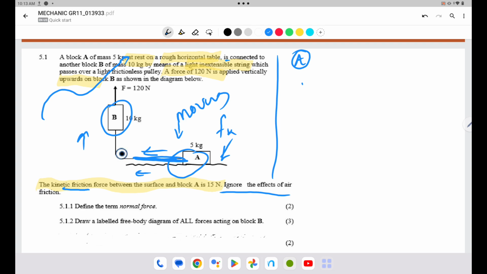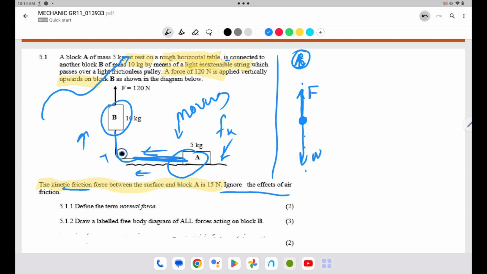So I'm going to start with the free body diagram for B. Along the vertical direction, I'm only going to draw the vertical direction because we don't have a surface. We have the force applied, I'm going to copy it from the diagram. The force which is always there and always vertically downwards, that is the weight. And because there's a string, it means that we have tension.